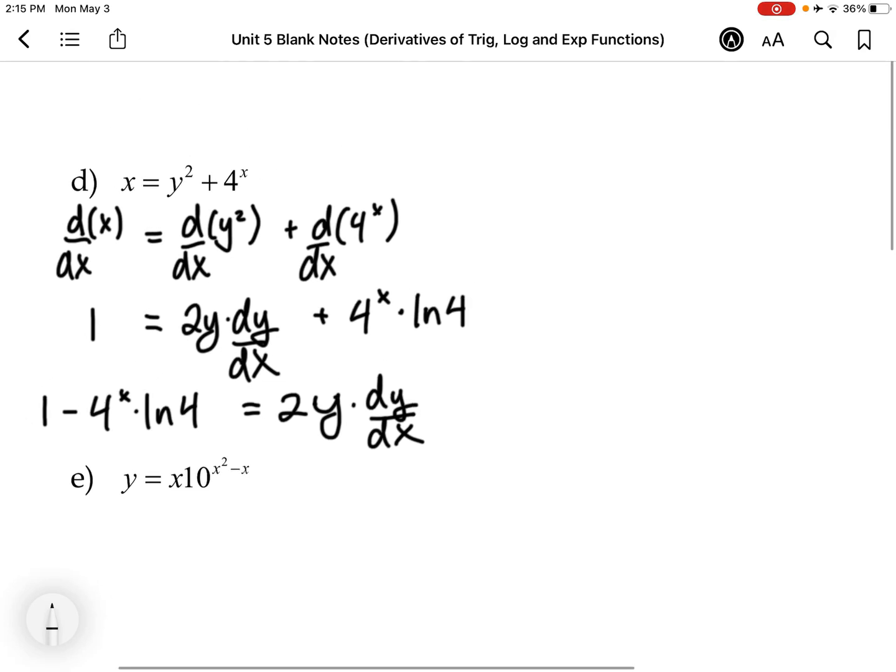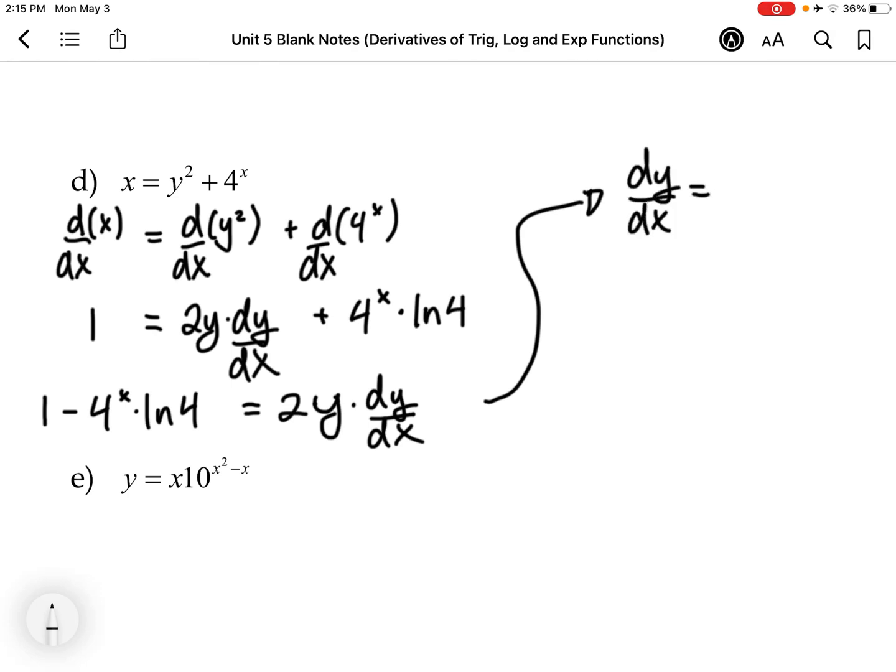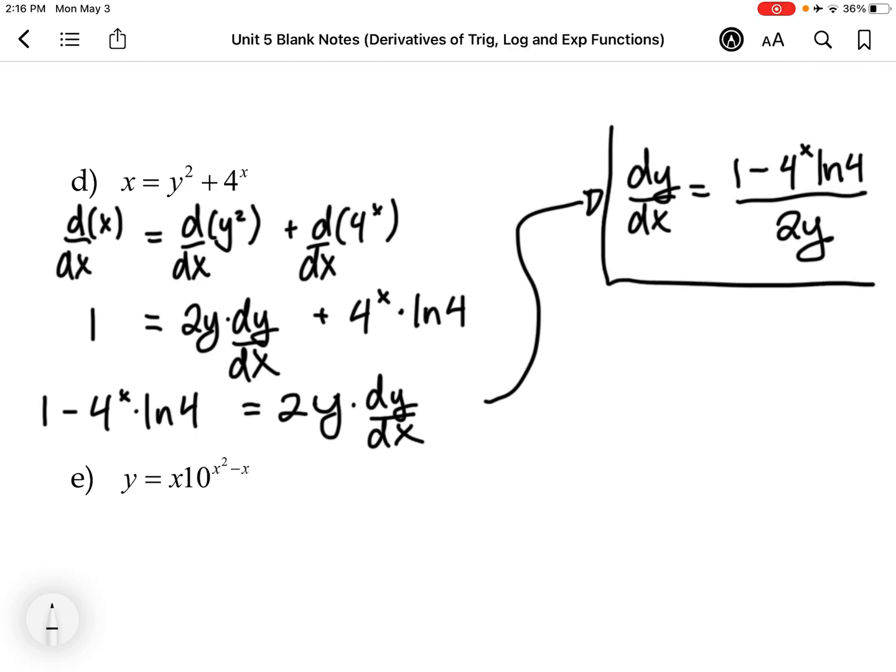Okay, and then to isolate dy dx, I just have to divide both sides by 2y. So I'm going to get dy dx equals 1 minus 4 to the x ln 4 over 2y. And that's my derivative.